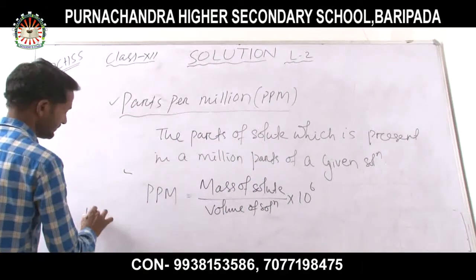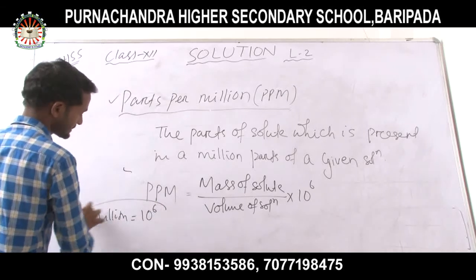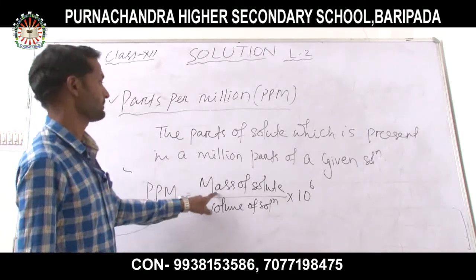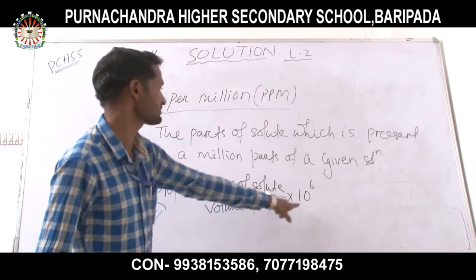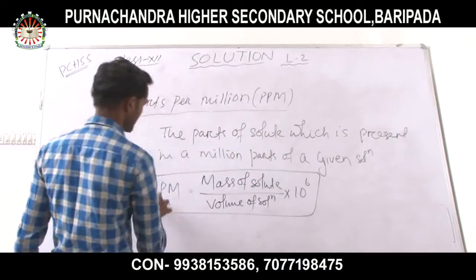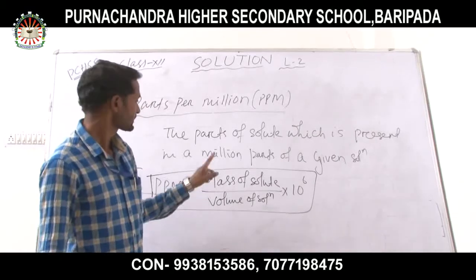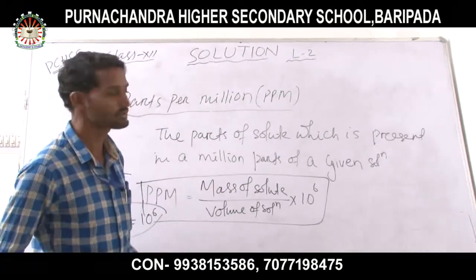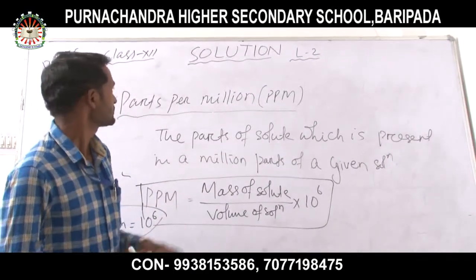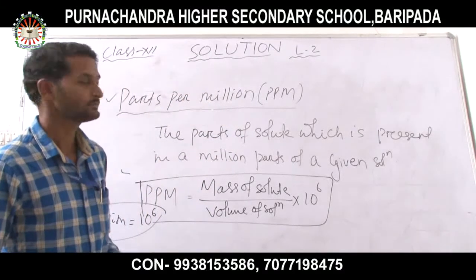We know 1 million equals 10 to the power 6. That is the value of 1 million. So mass of solute divided by volume of solution into 10 to the power 6, that is called your parts per million. By this formula you can calculate the parts per million of any solution. So that's the concentration term of solution.